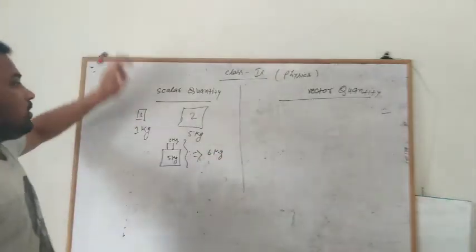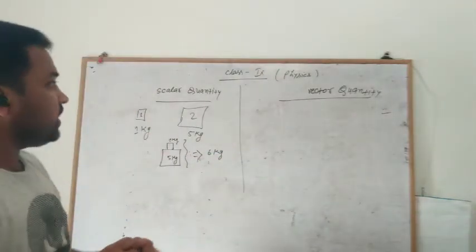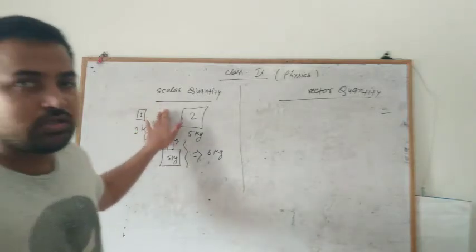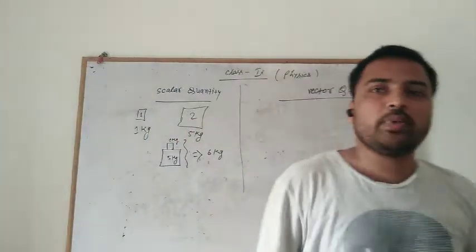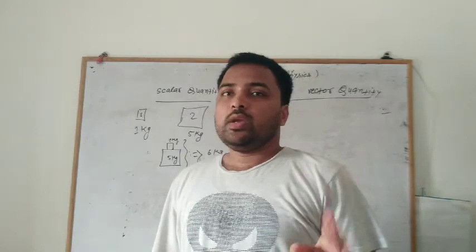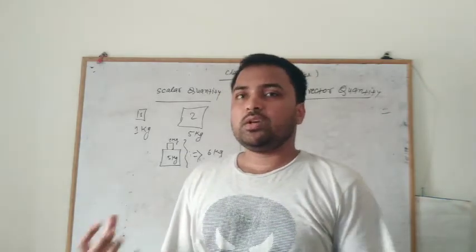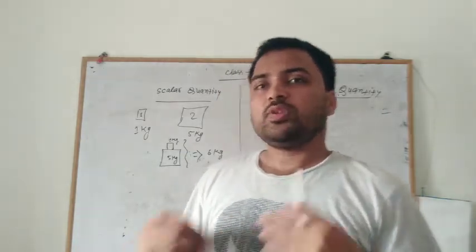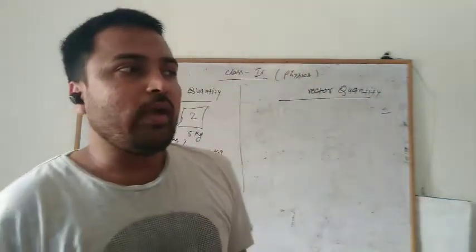Here we understand that addition and subtraction of scalar quantities are simple mathematical operations. Why is it simple?